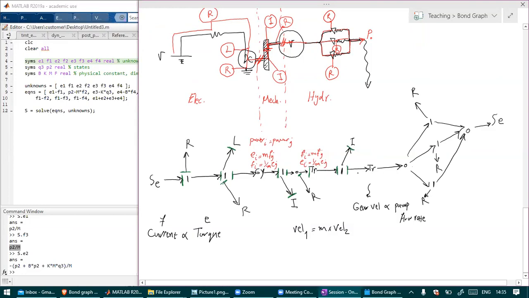So let's proceed. Again, we have a transformer here. The flow is defined on one end, and the flow is defined on the other end. We have 0 here. We need to know which port has the effort defined. So we stop here. The resistors don't help us with causality, so we start from the other side.